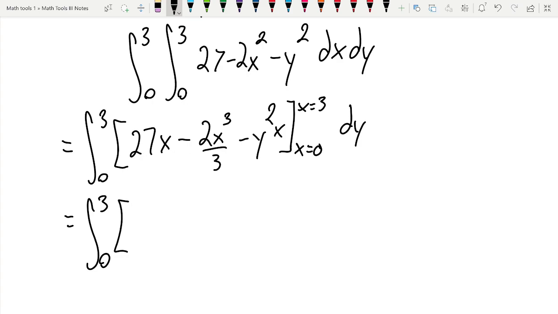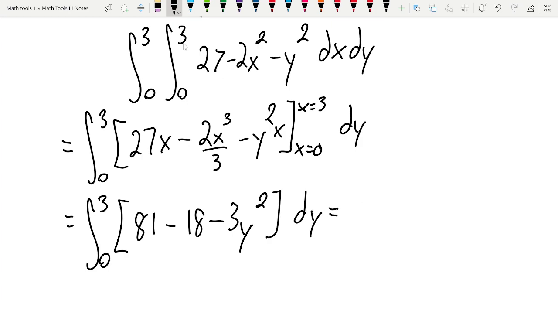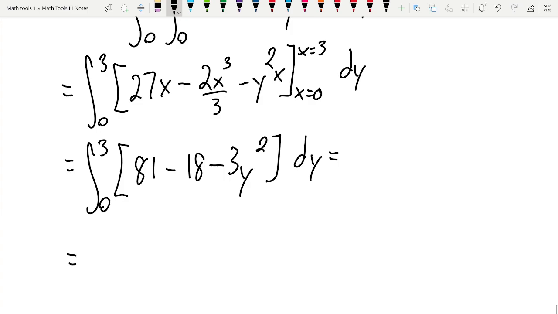So that's going to be 27 times 3, what's that, 81, minus, 27 over 3 would be 9, and then times 2, we got 18, and then minus 3y squared, and then the zeros will all just be 0. Okay. And then we'll go ahead and integrate that.